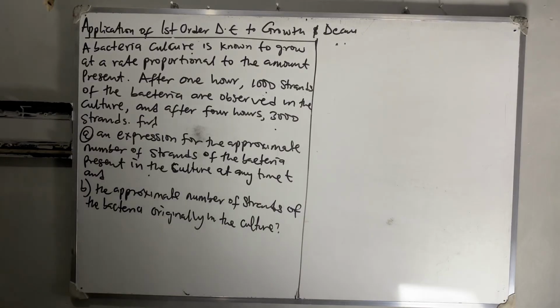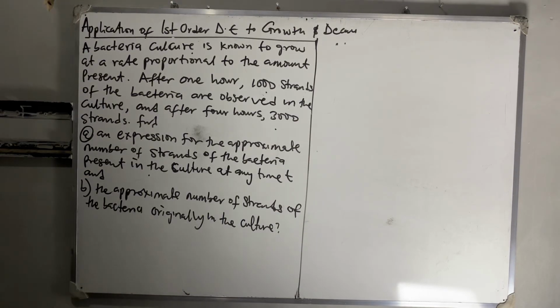After 1 hour, 1,000 strands of the bacteria are observed in the culture, and after 4 hours, we now have 3,000 strands. We should find an expression for the approximate number of strands of the bacteria present in the culture at any time t.